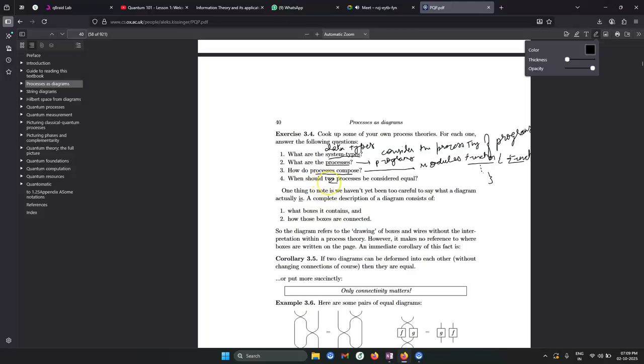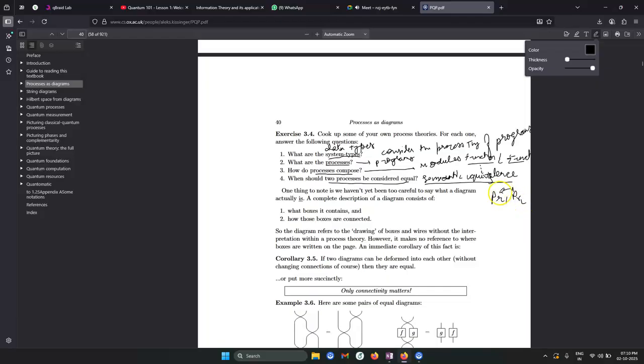How do two processes be considered equal? This is a deeper question talking about semantic equivalence. Basically, given two programs, PR1 and PR2, how can I determine if they're the same?